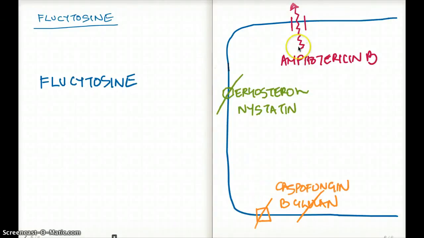So the first type makes holes and allows leakage of the cellular contents, and that is amphotericin B. The second type inhibits ergosterol and therefore disrupts the fungal membrane, and that drug is nystatin. And the third type inhibits a protein called beta glucan, and as a result inhibits fungal cell membrane synthesis.